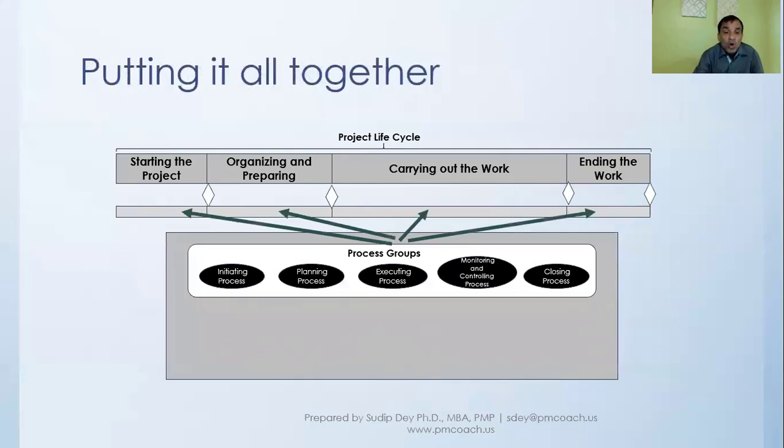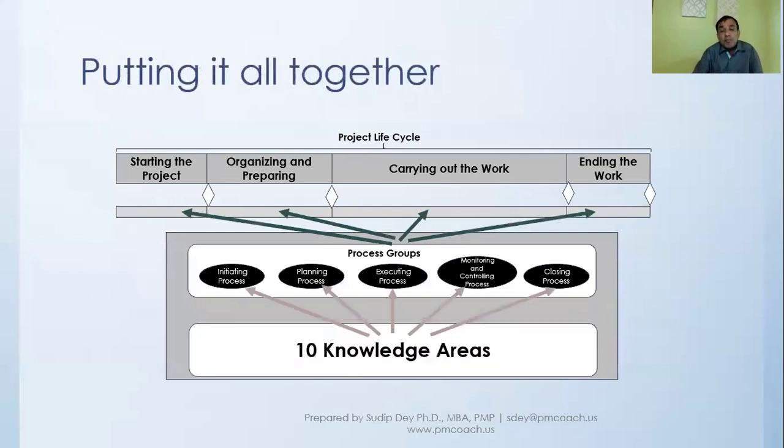And we saw that there are processes across knowledge areas in each of these process groups. Not only here, we also saw it in the process table. So this is really how it all ties together. Processes in different knowledge areas and different process groups go into facilitating different phases, and different phases make up the project life cycle.